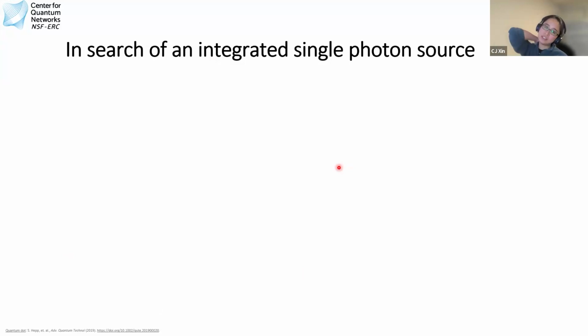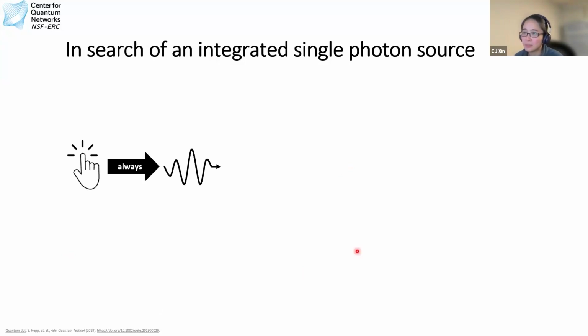Specifically, if we're trying to use single photons as qubits, we need to actually be able to make single photons. And ideally, we want to be able to click a button and then we always get a photon out. This is what we call a deterministic source.